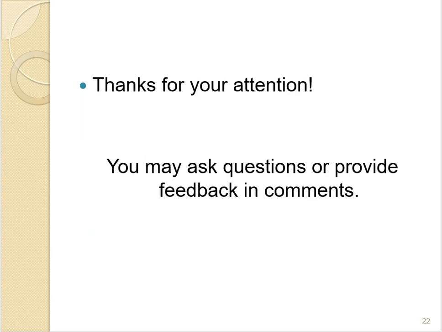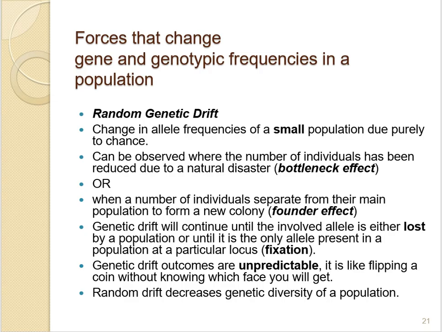Another force is random genetic drift. It is a change in allele frequency of a small population due purely to chance, and it can be observed in two cases: when the number of individuals has been reduced due to a natural disaster, which is called the bottleneck effect, and when a number of individuals separate from their main population to form a new colony, which is the founder effect.